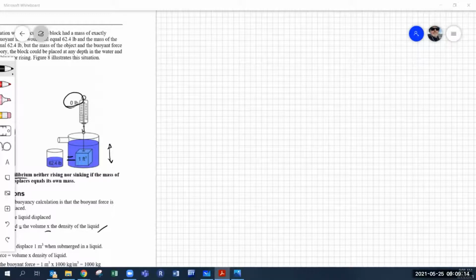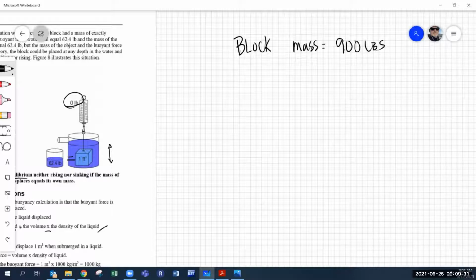So if I had a block, because I want to ask you a bunch of different questions on these things. If I had a block of material and its mass is equal to 900 pounds, and it has a volume of 5 cubic feet. First off, what is its density?